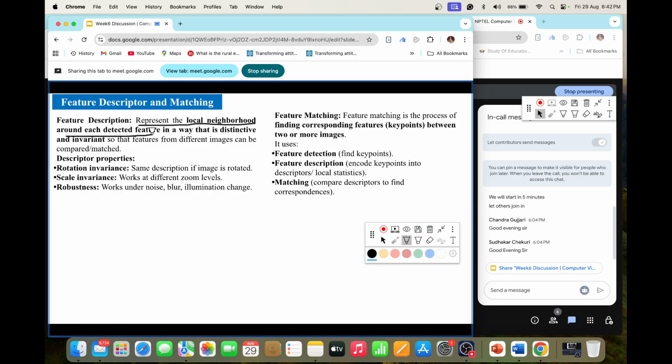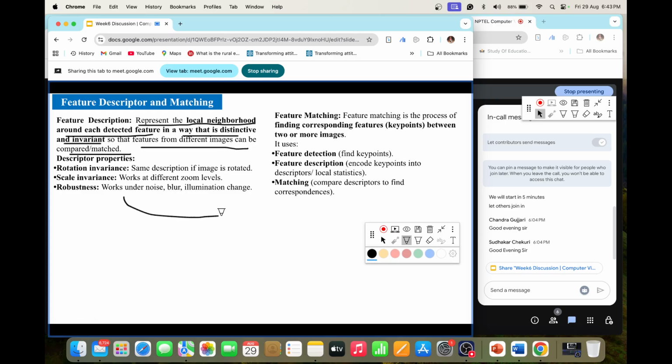Feature detection means we are only pinpointing a certain feature, not seeing the neighborhood around it. But in feature description, we are interested in the local neighborhood, in a way that is distinctive and invariant, so that features from different images can be compared or matched.